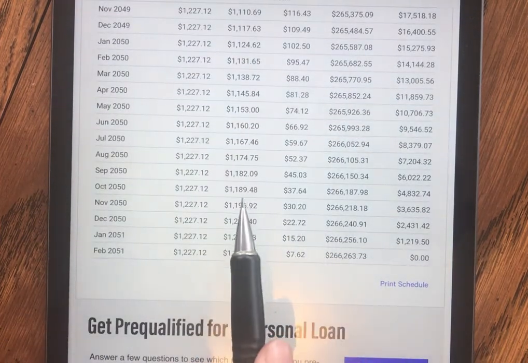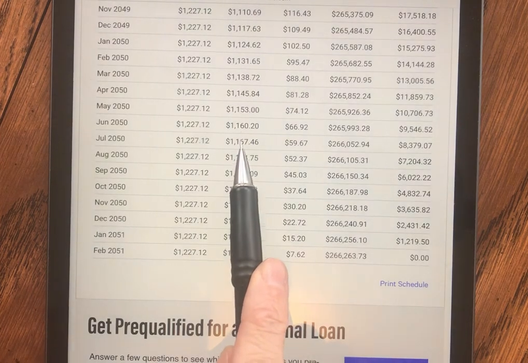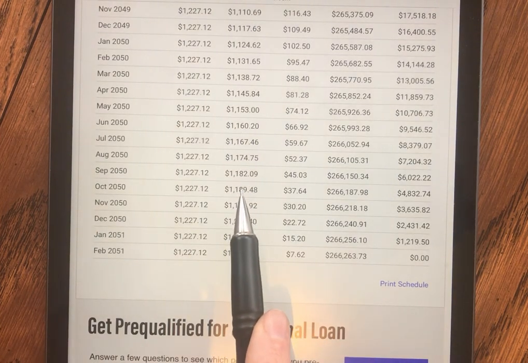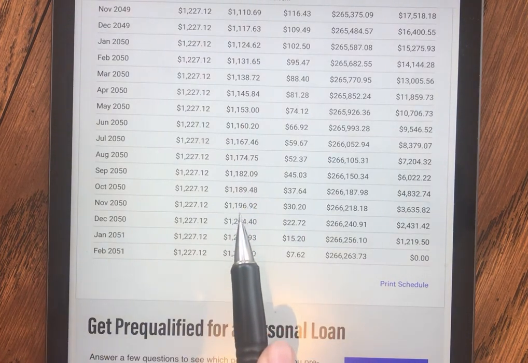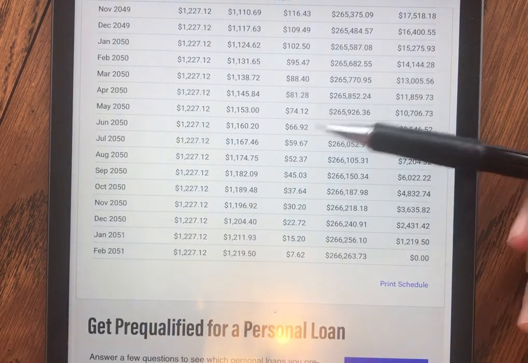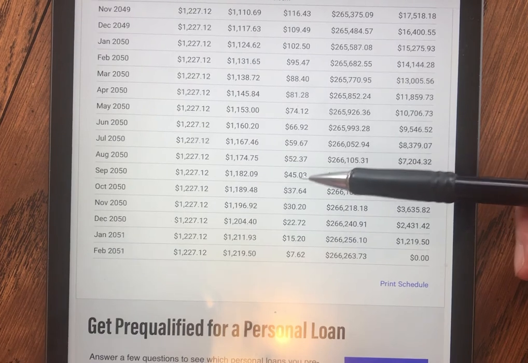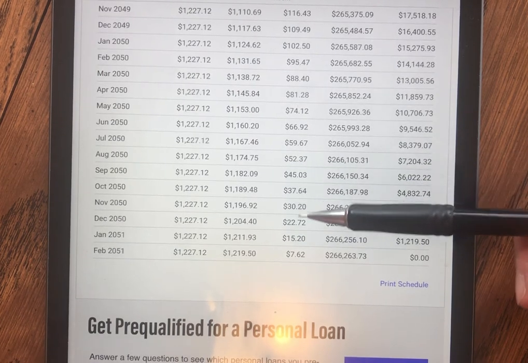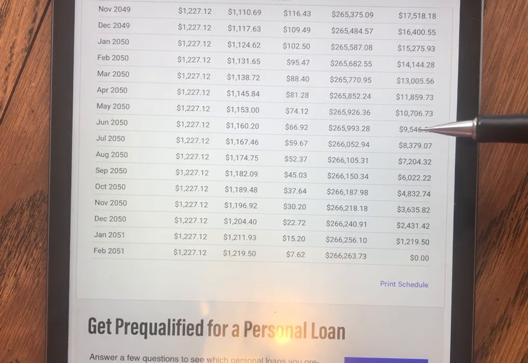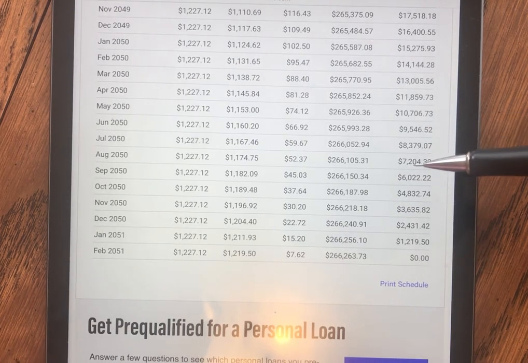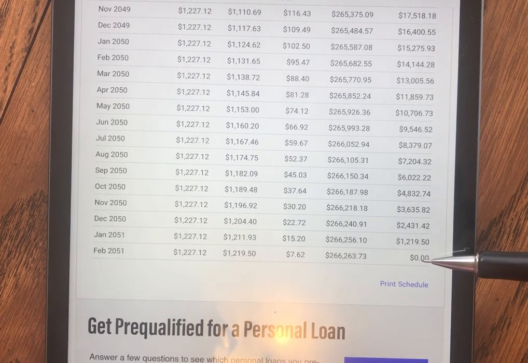Okay, now look at the number that's going directly to pay off the loan. Now it's reversed. The amount that's going to pay off the loan is a large number. The amount that's going to pay off the interest, the bank's fee, is a small number and getting smaller. And then finally, the loan amount you owe, once you pay it off in 360 installments, will become 0 at the end of those 360 months.